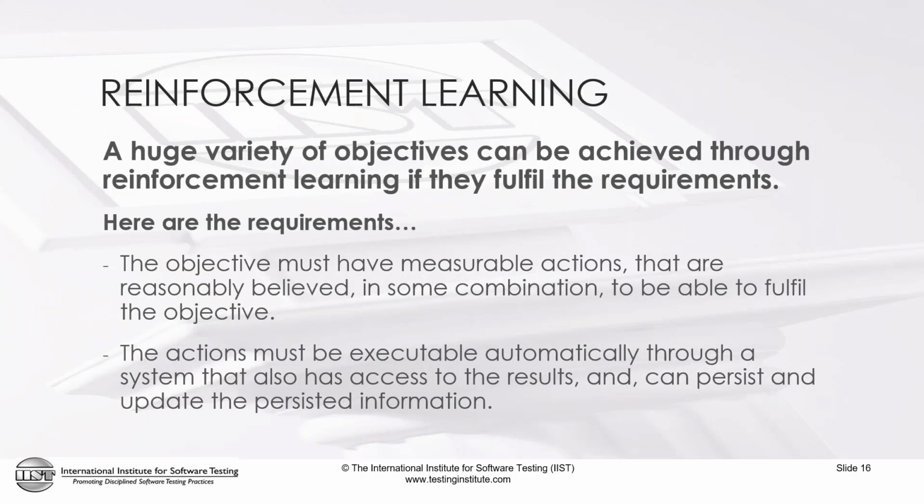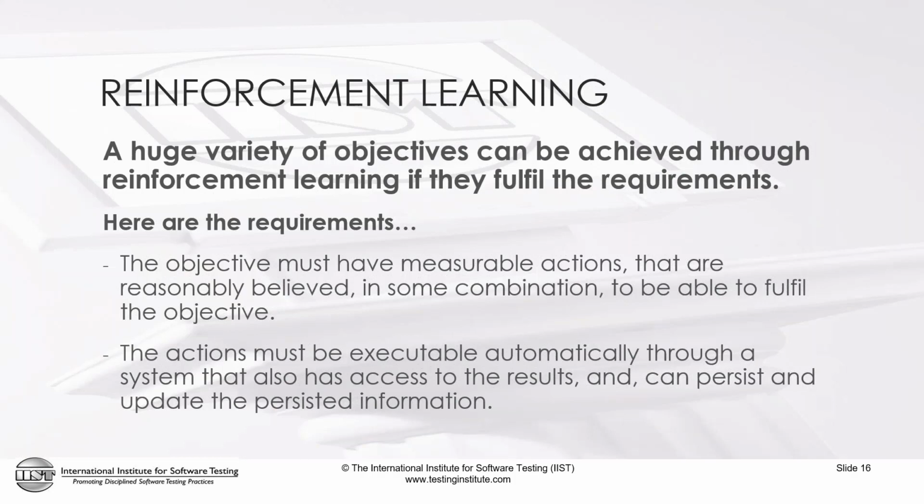The objective must have measurable actions, and we measure them with our assertions that are reasonably believed in some combination to be able to fulfill the objective. Now, this is important, reasonably believed. We don't know if it's going to solve it or not. If we did, we'd already know the answer and we wouldn't have to run the reinforcement learning at all. But you want to reasonably believe.